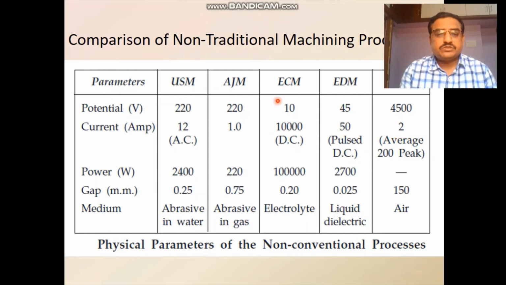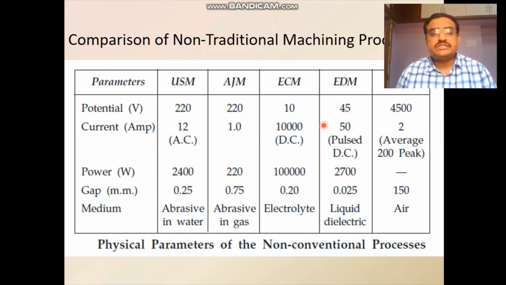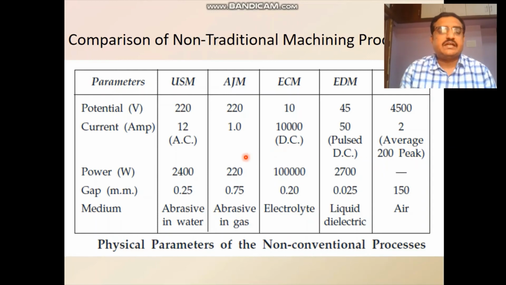So in this comparison, ECM is a low voltage, high current process, whereas laser beam is a high voltage and low current process. Sometimes AC current is used, and some processes use DC current.